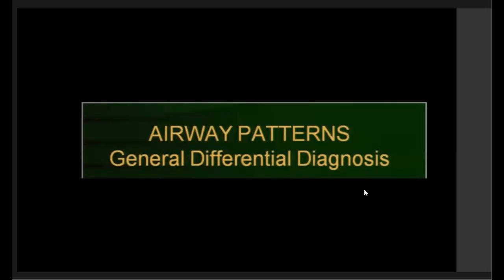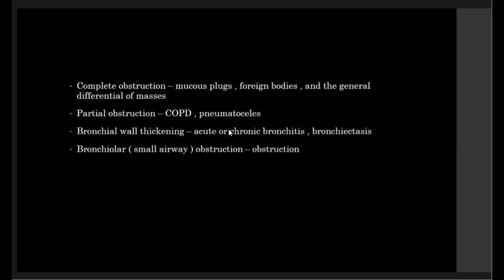Airway patterns, differential diagnosis. We have complete obstruction, either due to mucus plugs, foreign body, and the general diagnosis of masses. If it is partial obstruction, we have COPD and pneumatoceles, bronchial wall thickening, either acute or chronic bronchitis, bronchiectasis, and bronchiolar small airway disease obstruction.